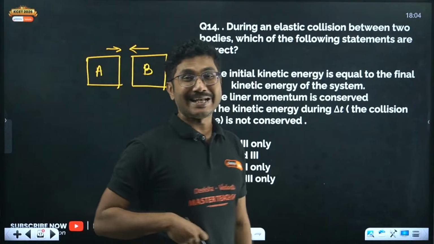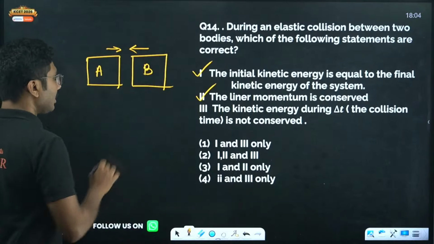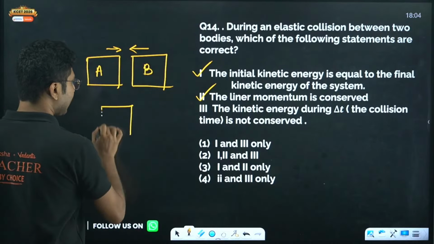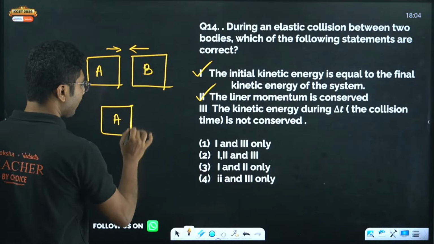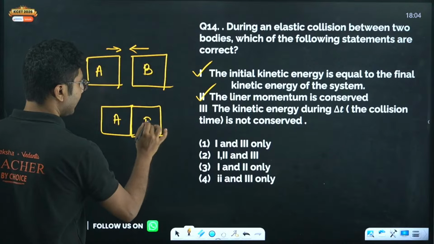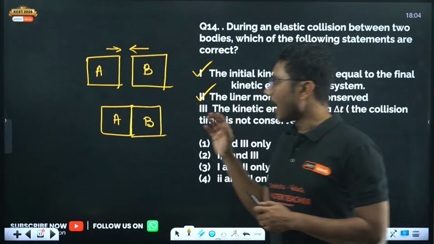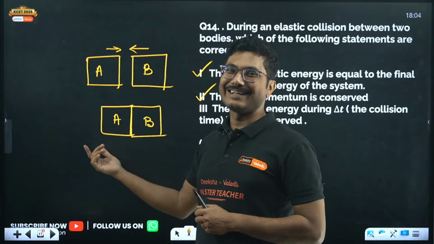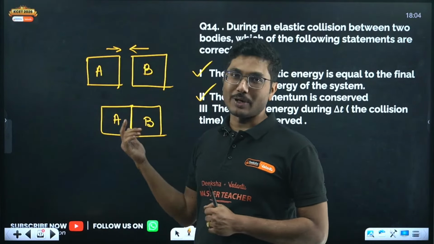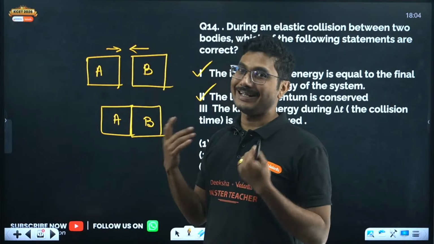Now what is happening during the collision? Let us understand. Suppose the object is in contact with the other object for a very brief period. What happens this time? This time part of the kinetic energy gets transferred from one object to another via potential energy.